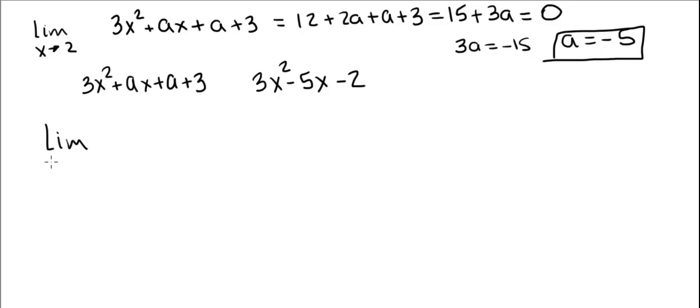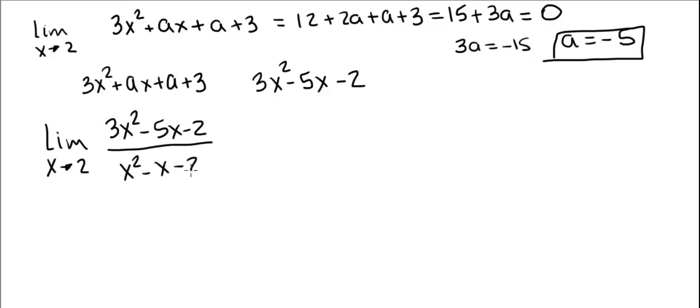So let's look at the expression: the limit as x goes to 2 of 3x squared minus 5x minus 2 divided by x squared minus x minus 2. Plugging in 2 for x in both of these, we see that we have 0 over 0, an indeterminate form. So we're going to factor both the numerator and denominator.